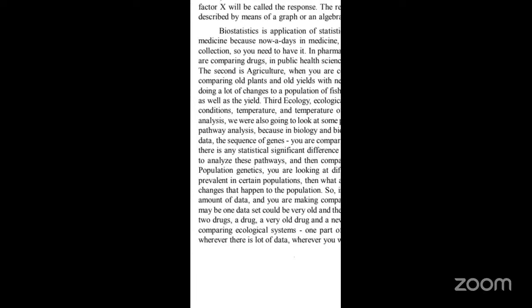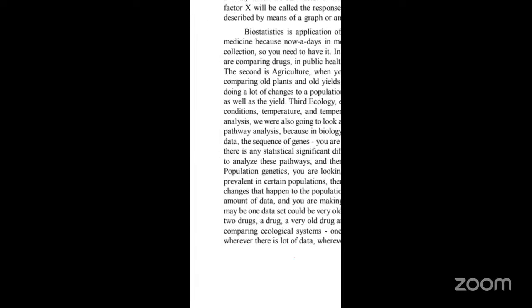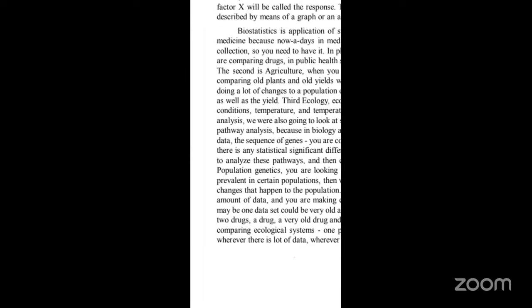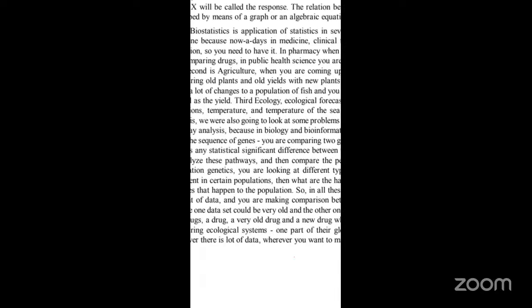In population genetics, you are looking at different types of populations, how diseases are prevalent in certain populations, and what the habits of certain populations are. You are looking at the amount of data and making a comparison between one data set and another data set. One data set could be very old and the other one new, so you might get the difference between old and new.